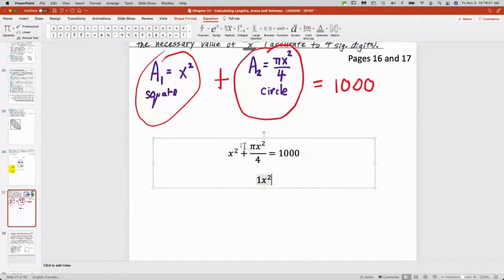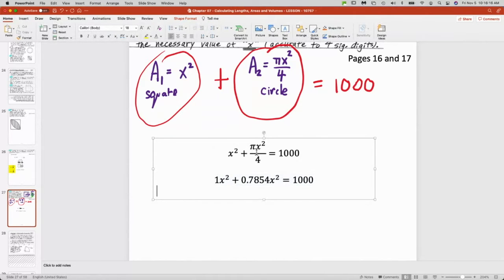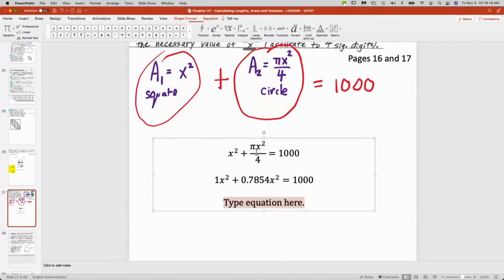So we have here 1x squared. There's a 1 in front of this x squared. And over here, if you divide those, you get 0.7854 x squared. Then x squared is 1,000. And now you can add those together, and then pretty much it looks like the previous question. In terms of the algebra that you're doing, it's very similar in style to the previous question.